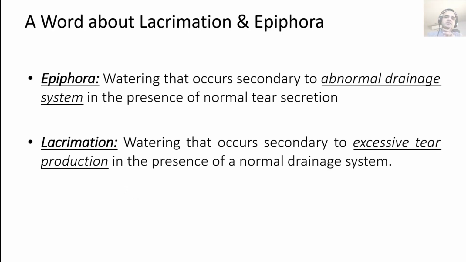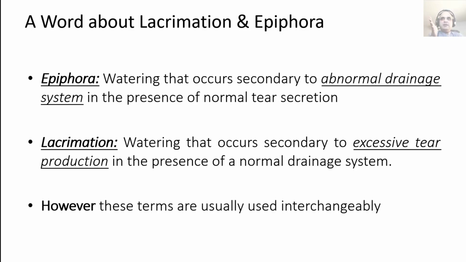At one time, these two terms were used exactly like they've been described here, but now they're used interchangeably. The reason I put them here is that if you read texts or books, they are defined as such, but when it comes to their usage, they are used interchangeably, and that at times becomes confusing. Don't be confused. This is what these terms mean, but they are used interchangeably.